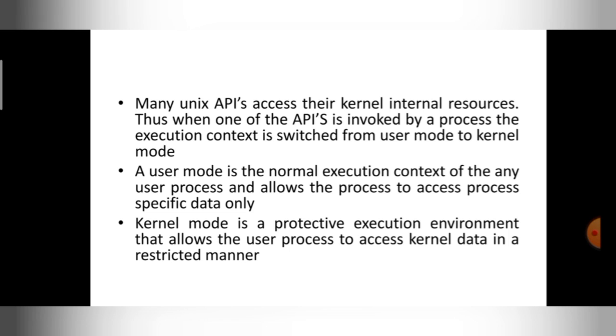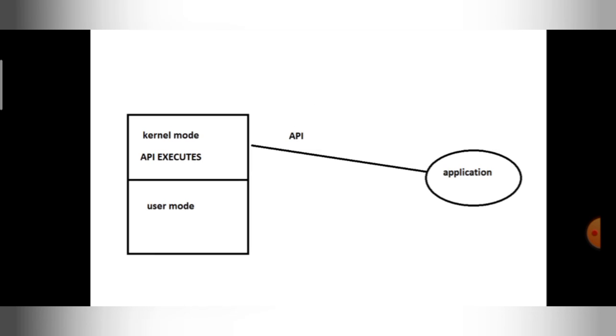That means the API has to execute in kernel mode, so a context switch should happen. See this diagram: when the application wants to execute the API, it should be executed in kernel mode.